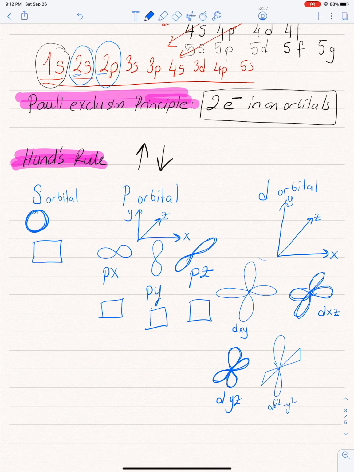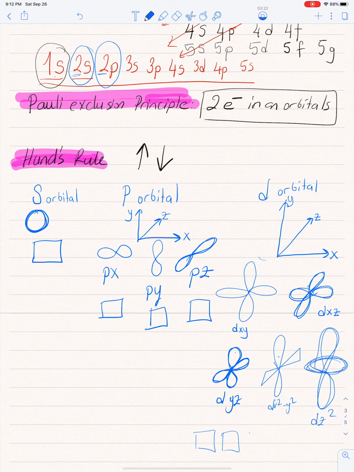Oh my god, Dr. I, what are you talking about? One more, guys. And it can make this shape, an up and down circle. And this is called the dz squared orbital. Look, you have 1, 2, 3, 4, 5 different motions.